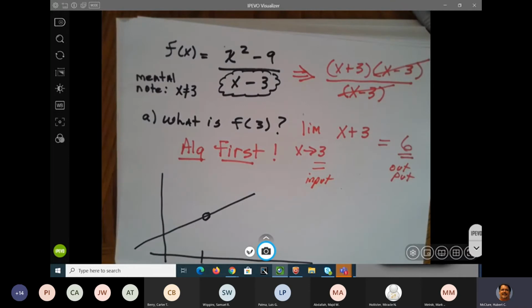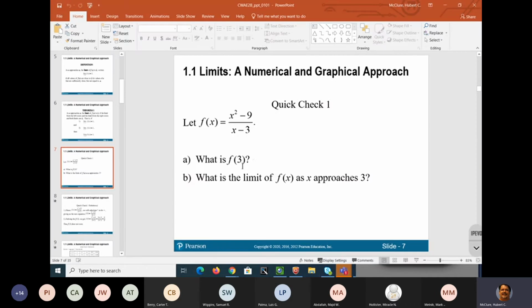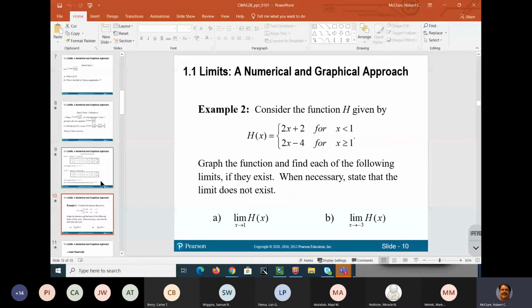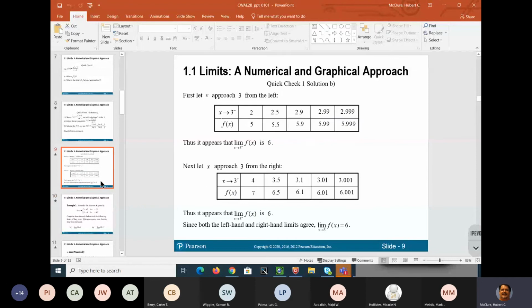So let's look at the question that they asked. Let me find my PowerPoints. There's the question. And of course, you see that you can't have it, so the limit does not exist. But if we use algebra, and they didn't do that, you see it's approaching 6.